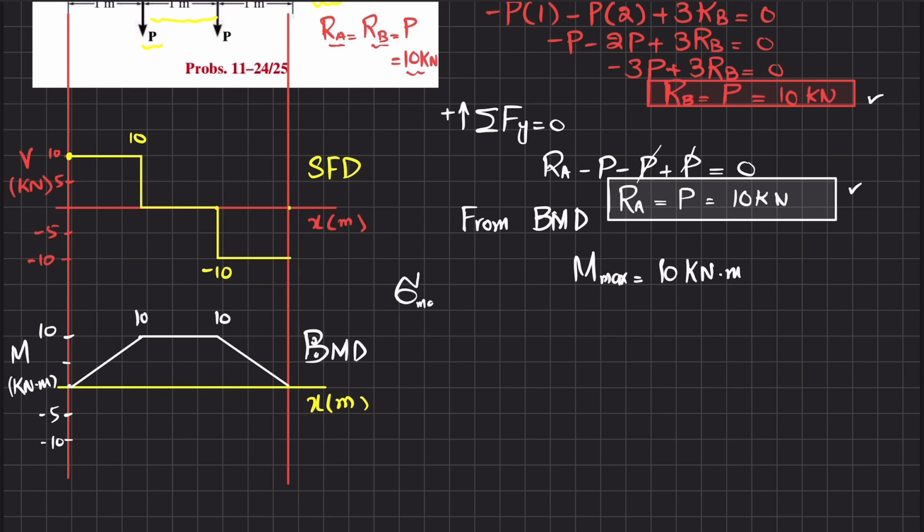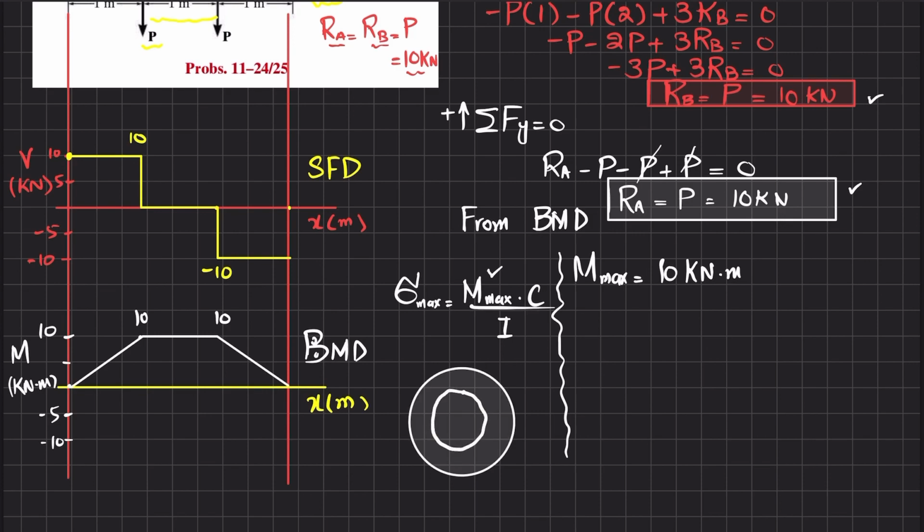So we have the formula: maximum bending stress is maximum bending moment into C divided by I. Clear? So we have this value. So if I draw the cross section of this circular shaft, let me draw it clearly in the middle, and this is the horizontal axis.